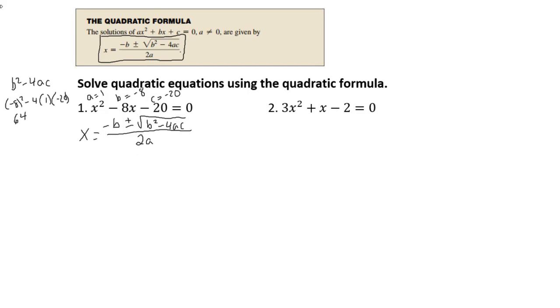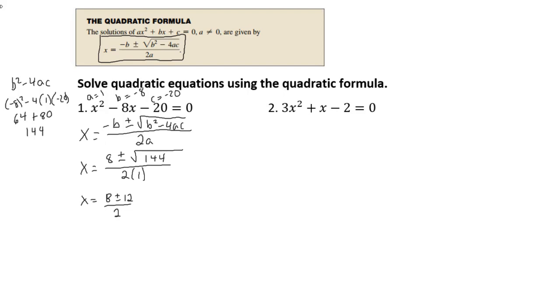Minus 4 times a times c. So that is 64 plus 80, which is 144. So then x equals the opposite of b, so opposite of negative 8 would be 8, plus or minus the square root of 144, over 2 times a. So then this equals 8 plus or minus 12 divided by 2.